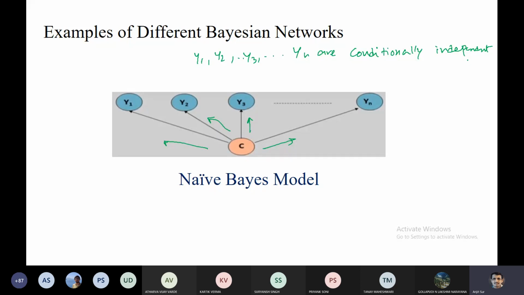So that is conditionally independent. So we always say that these values are conditionally independent, and it is the naive assumption.